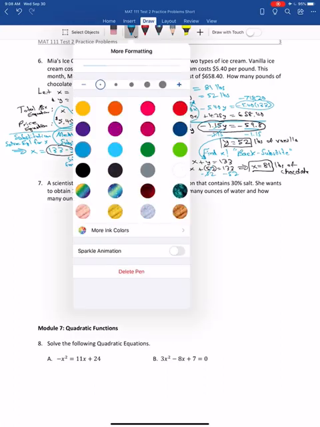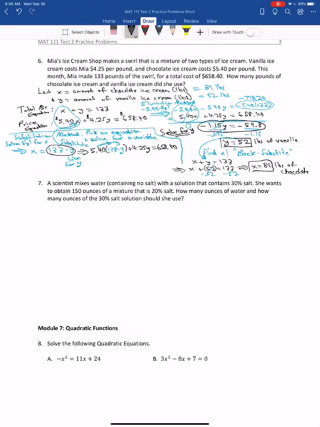Then we can distribute. As we do that, we get 5.40 times 133. And what's 5.40 times 133? We get 718.2. Then 5.40 times negative y, that's minus 5.40y, plus 4.25y equals 658.40.